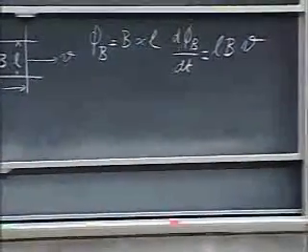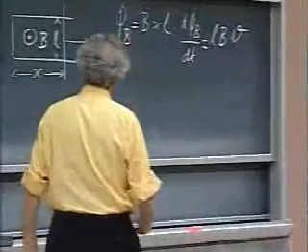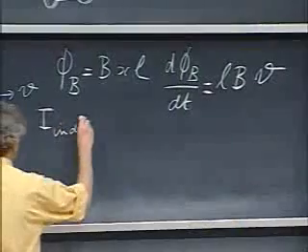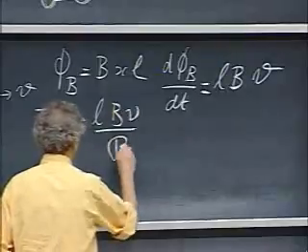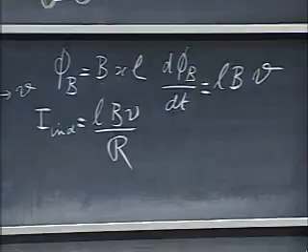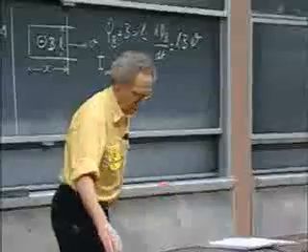So the magnitude of the EMF is LBv. And so the current that is going to flow, the induced current, is that value, LBv, divided by the resistance R, the resistance in this entire loop. Whatever there is and where it is, I don't care, but that is the magnitude of the current.